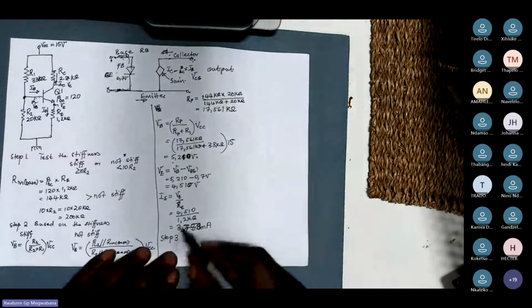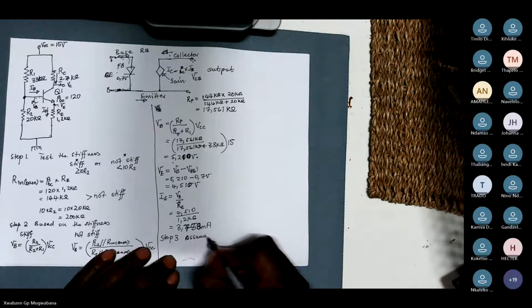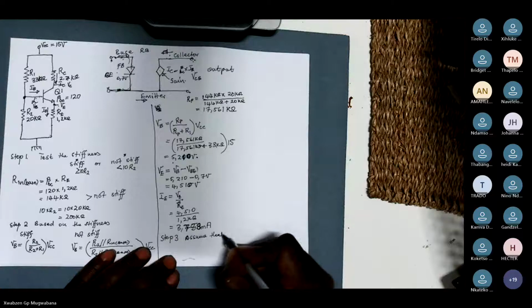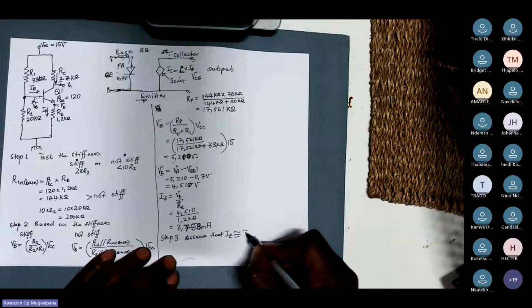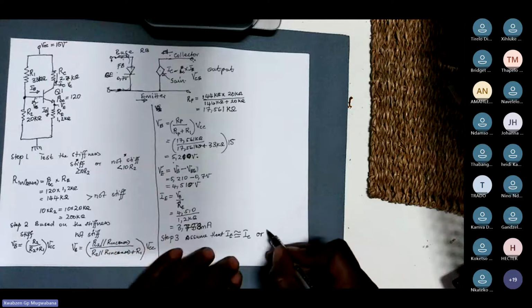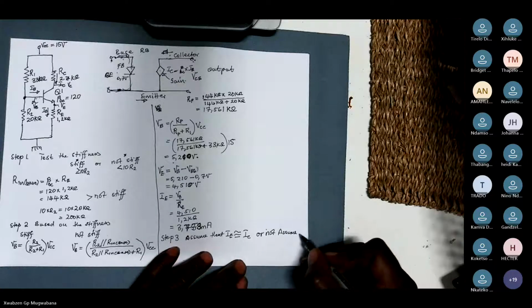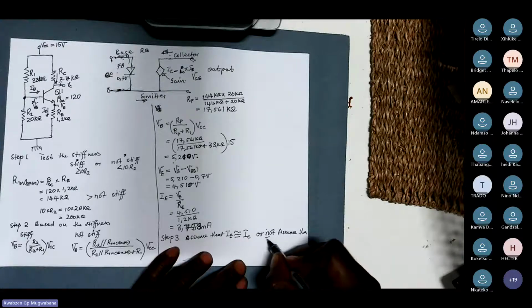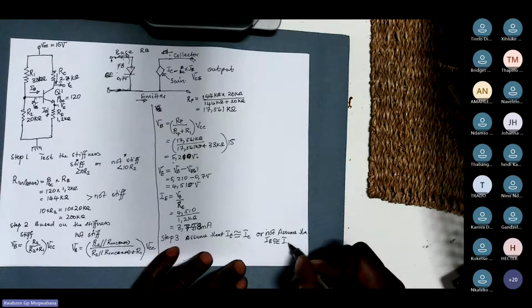In step 3, I need to check: must I assume that IE is equivalent to IC, or must I not assume that IE is equivalent to IC?